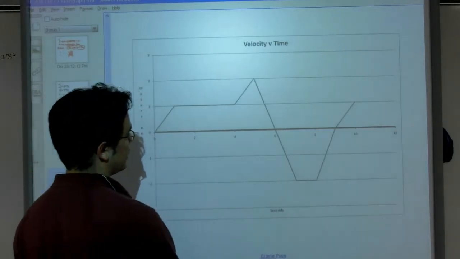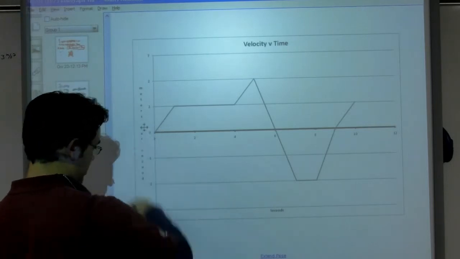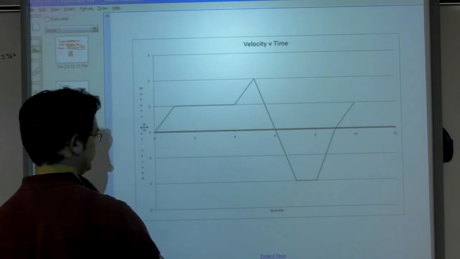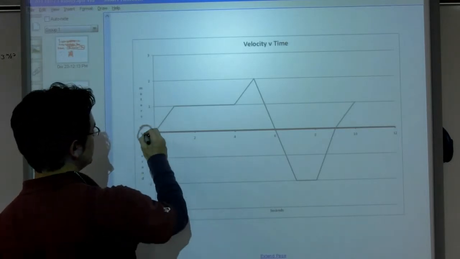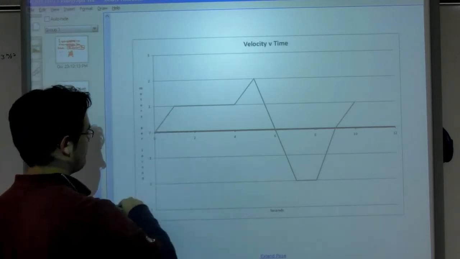We've got a situation where, actually let me use black on that. Here is our 0 point. This is 0 meters per second. Let's scoot that back.